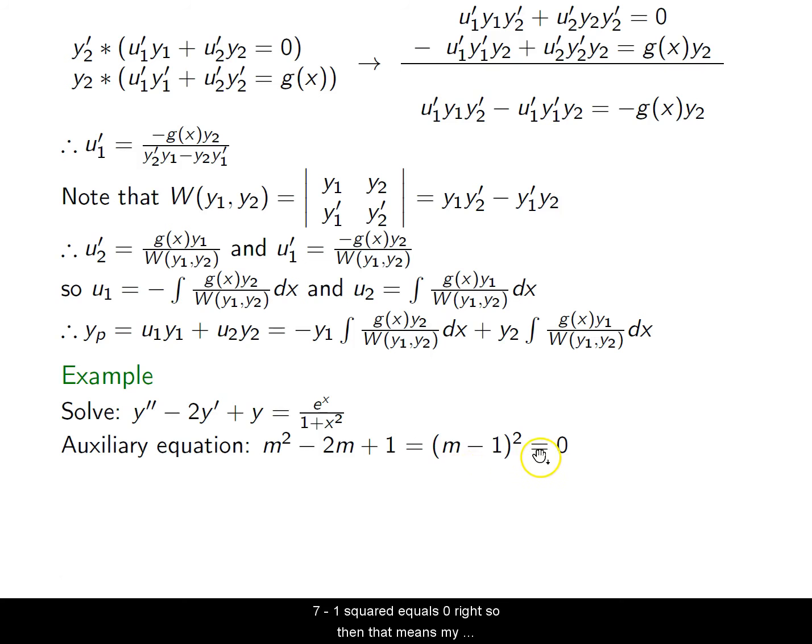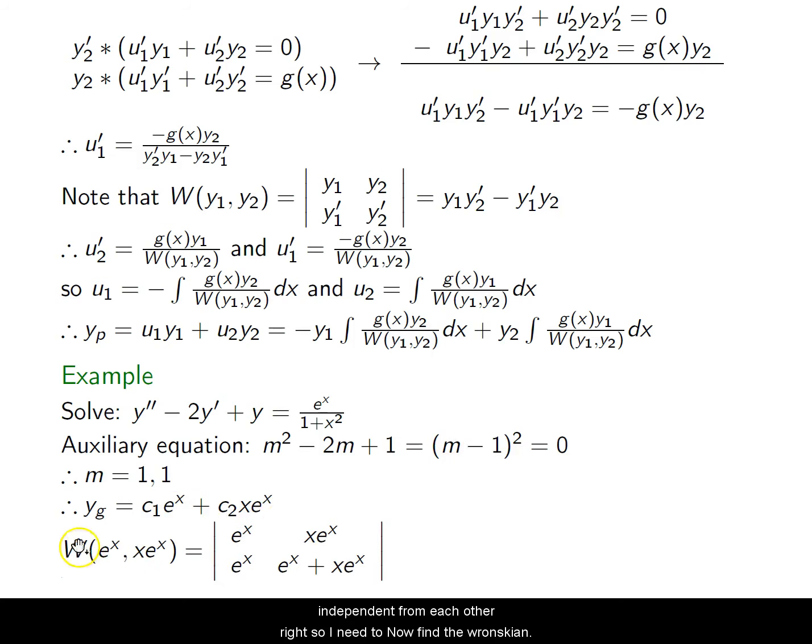It's m minus 1 squared equals 0, right? So that means my solutions are a double root, m equals 1 and m equals 1. So then my general solution is c1 e to the x plus c2 x e to the x. Remember, we're bumping it up by a power of x every time we have a repeated root to keep these things linearly independent from each other, right?